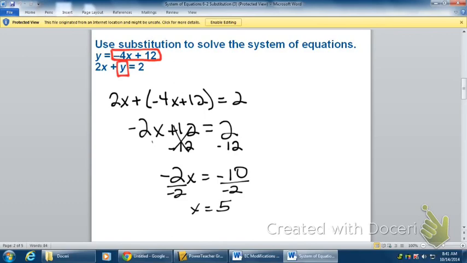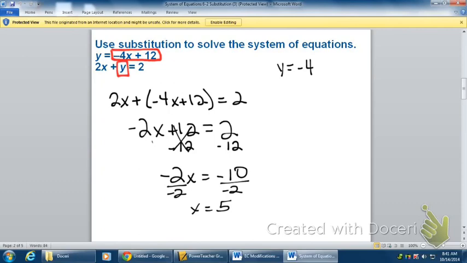So now you could substitute this x value into either one of those first two equations. Whichever one you feel is the easiest. Now, to me, it looks like the first one is the easiest because it's already solved for y. So if I substitute that x value into that first equation, I see an x.